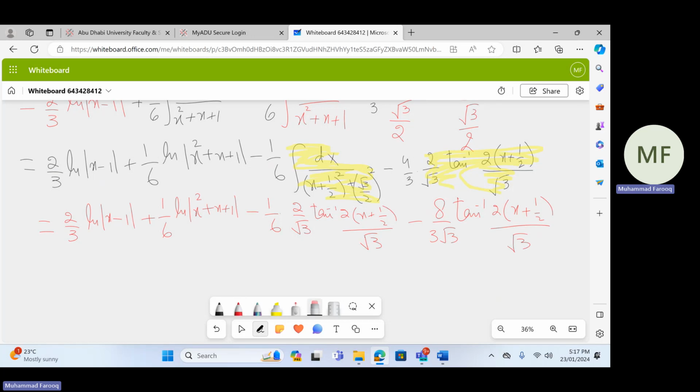You can make it 3 root 3. In the answer, they combine these two. They are the same: 2 over 3 root 3 and 8 over 3 root 3, so you can combine them. Minus 2, minus 8 become minus 10.